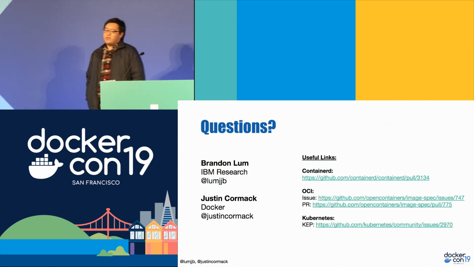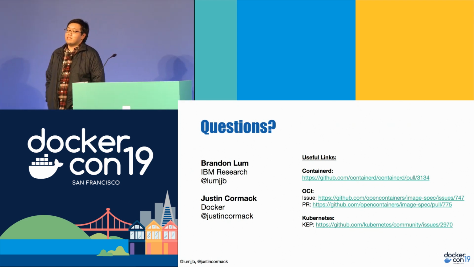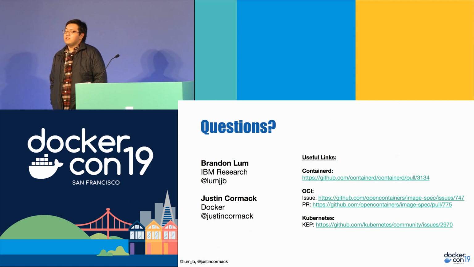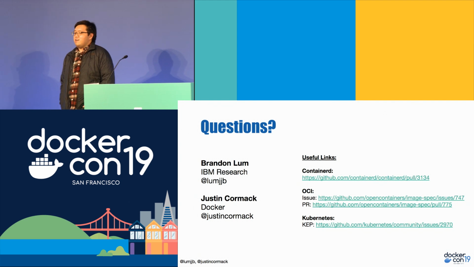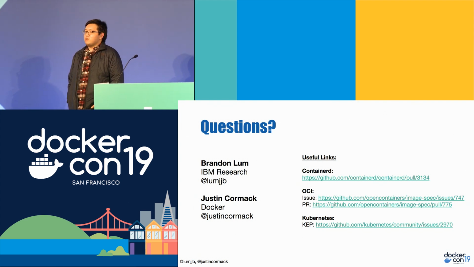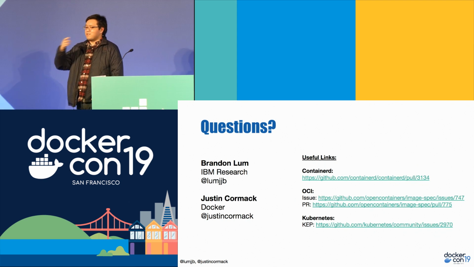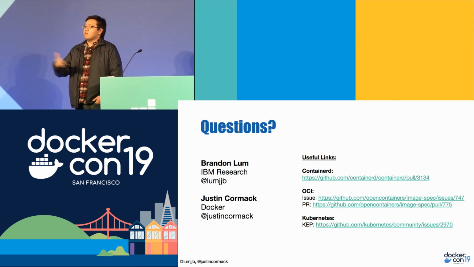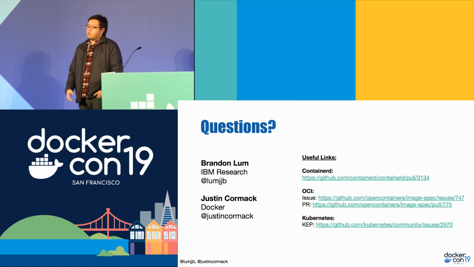Yes, so we actually have a working solution where, there are multiple ways to distribute the keys. The two things that we've looked at are two models that we boil down to. One is, do I trust Kubernetes secrets or Docker secrets, or do I have my own key management solution that manages all my keys? And so we have a proof of concept for both models, right?